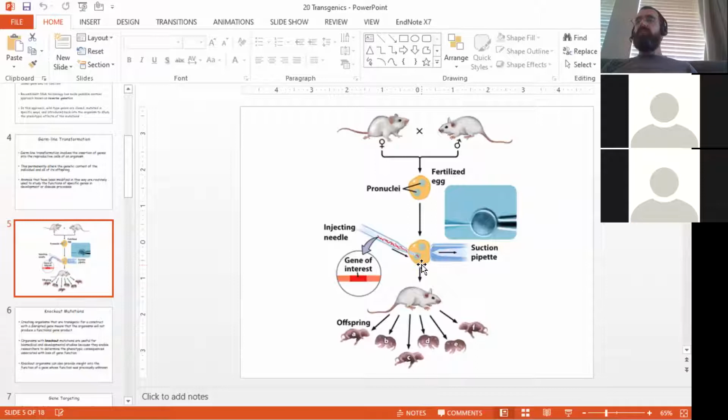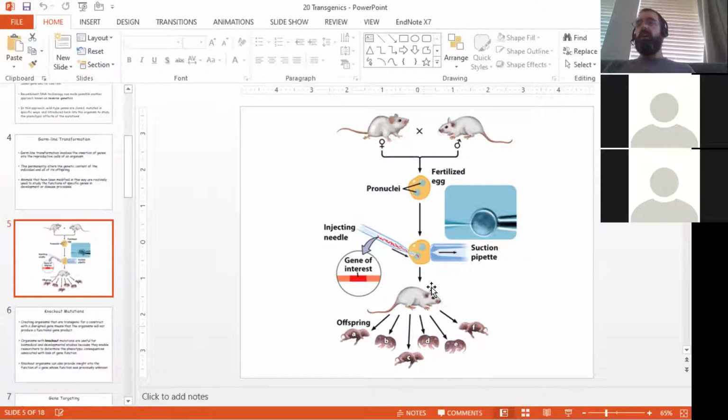If you inject it into one nucleus or one pronucleus, let's say, or even if you inject it into the nucleus of an oocyte, for example, of an egg, there's no guarantee that that DNA is going to get shared equally between all offspring at each cell division, right? And even more so if you do it this approach into one of the two pronuclei. Pardon me.